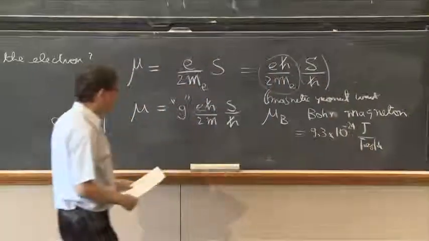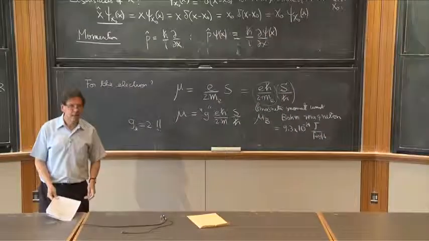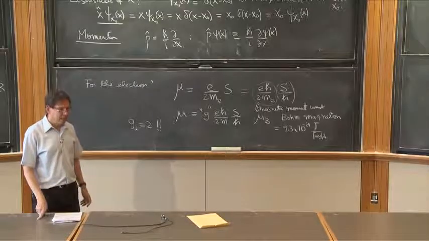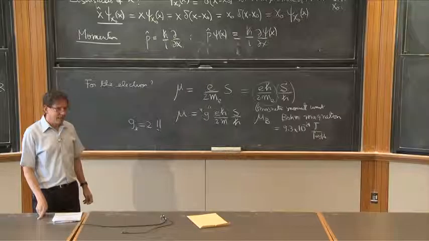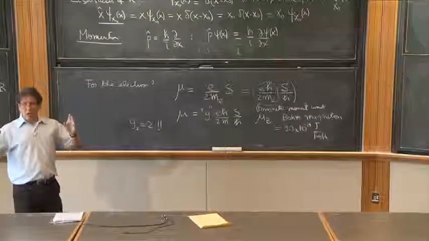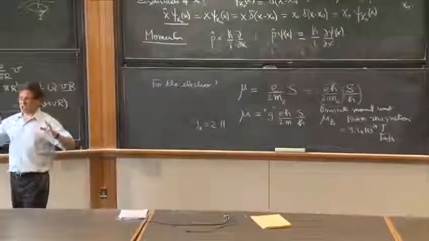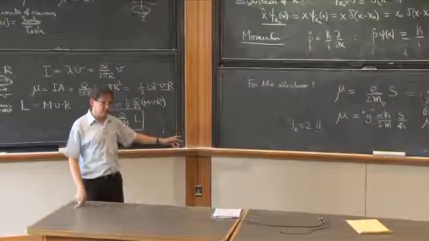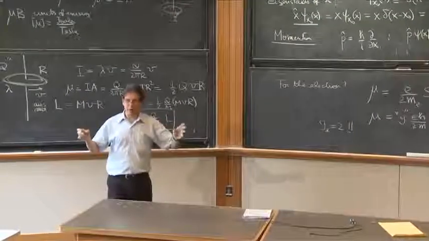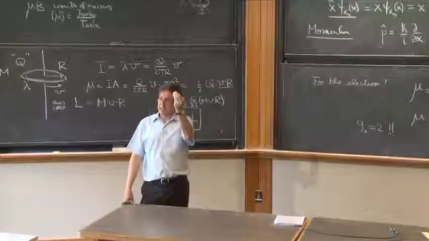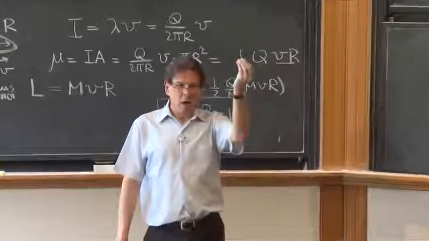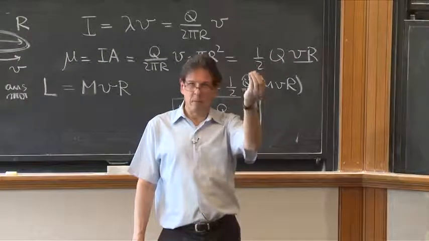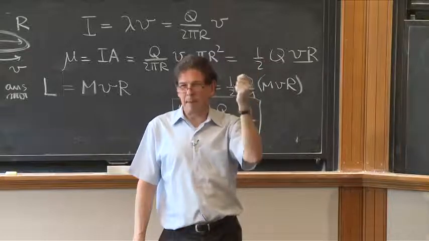Right. So the classical analysis is not valid. It's pretty invalid, in fact. You see, the picture of an electron as of today is that it's a point particle.